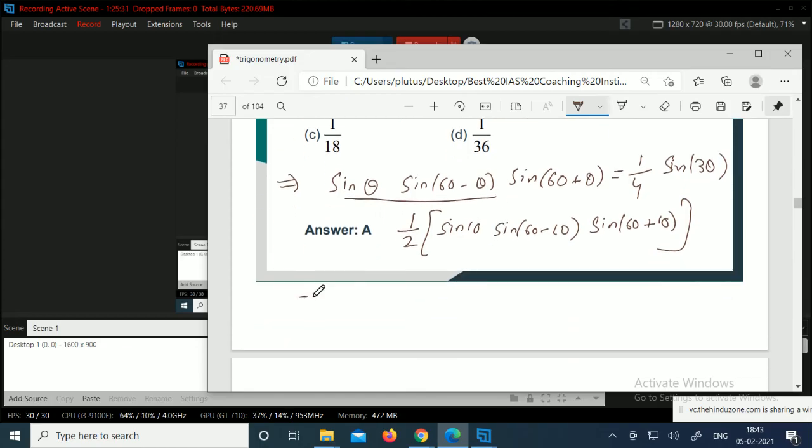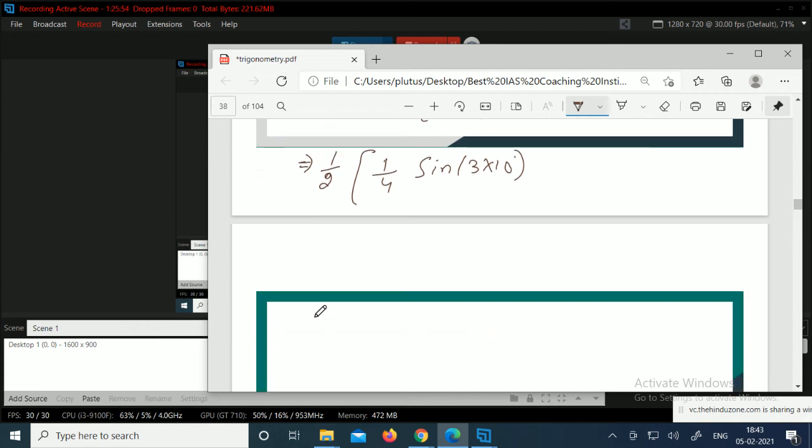So we can write 1 by 2 into, what is the value for this expression? 1 by 4 sine 3 into 10 degree, isn't it? So if I simplify 1 by 2 into 1 by 4, this is equal to sine 30.